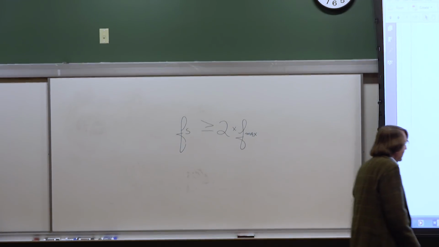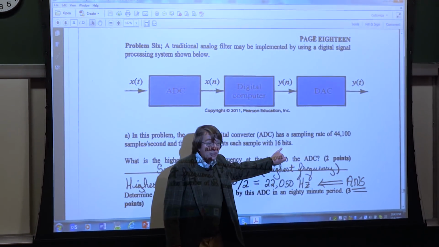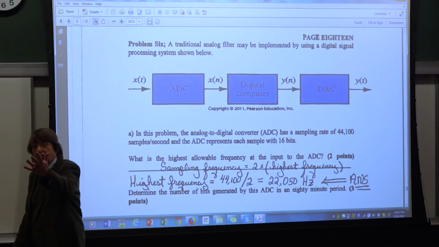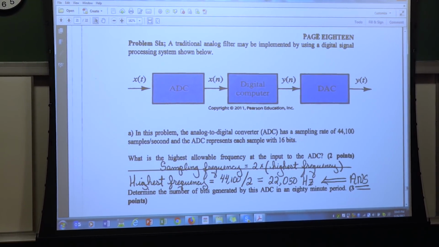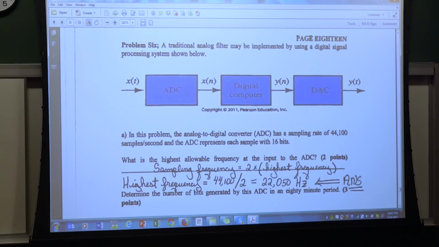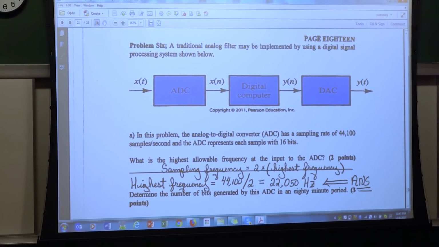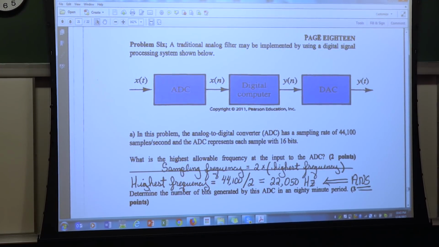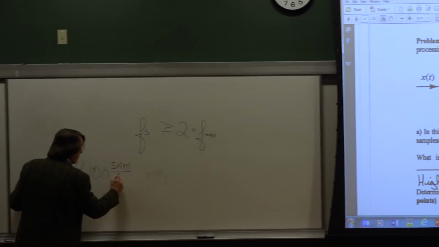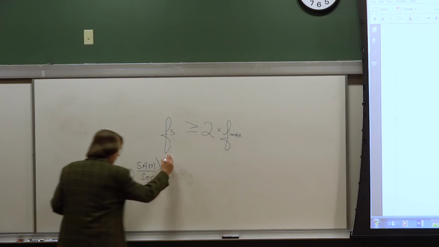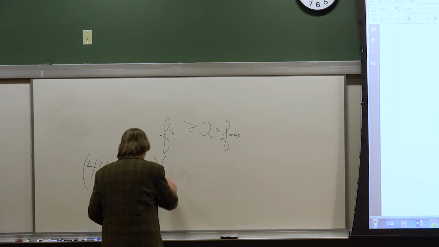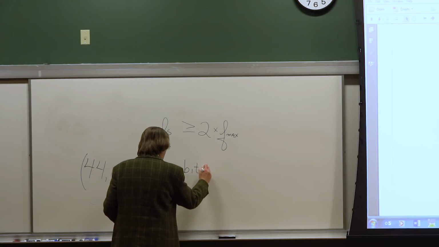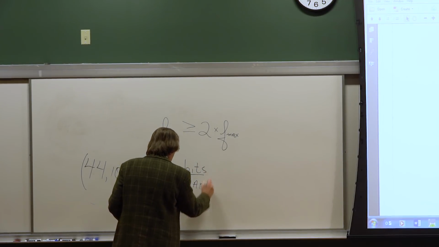Now, it says here that we represent each sample with 16 bits. That's a 16-bit A to D converter. Next part of the question, what's the number of bits generated in an 80-minute period? Okay. So here, follow the units. 44,100 samples per second times, how many bits again? 16, thank you. 16 bits per sample.